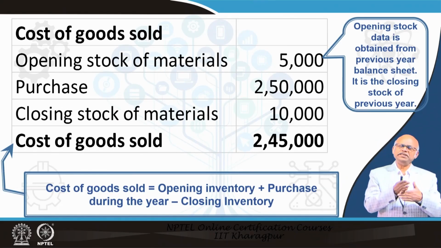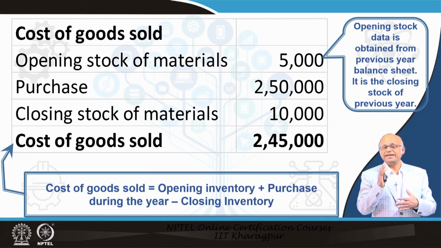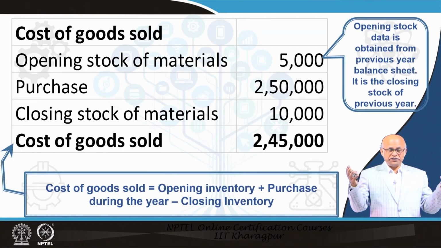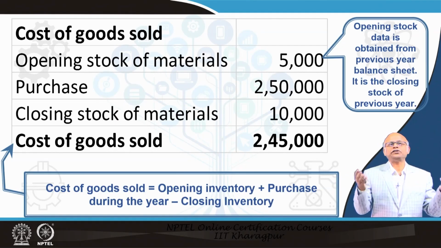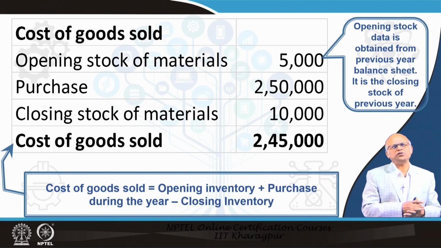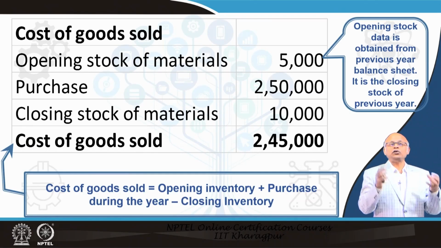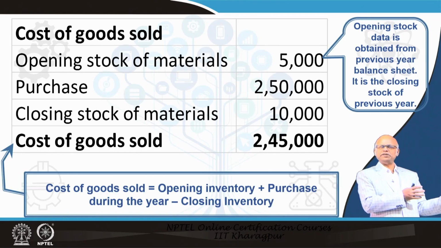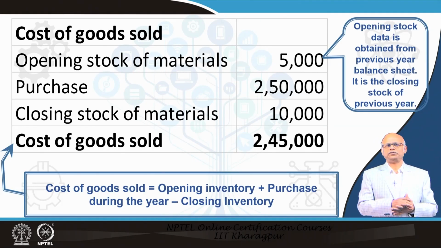See, at the beginning of the year, when you woke up early in the morning of 1st of April 2019, you peeped into your stock register or maybe your shop, and you saw there is some stock. At the close of business on 31st March of 2018, which is the starting of the business, you saw 5,000 rupees of stock, because you bought only 5,000 worth of stock.